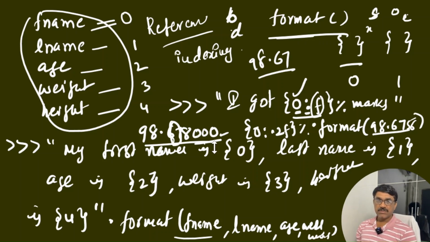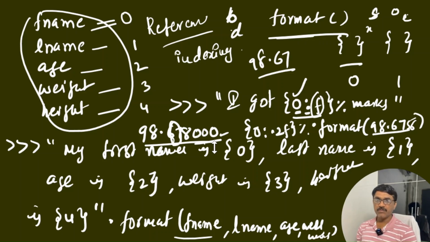That means you can use empty curly braces, or you can also mention the indexes to reference those variables. Not only indexes, you can also write the format specifiers by specifying the index number, colon, and next you would write the format specifier. This also we can do by using the format method.